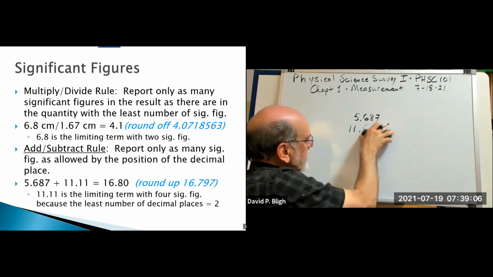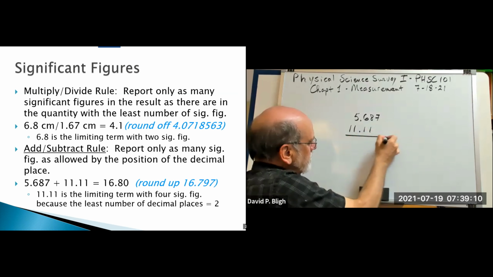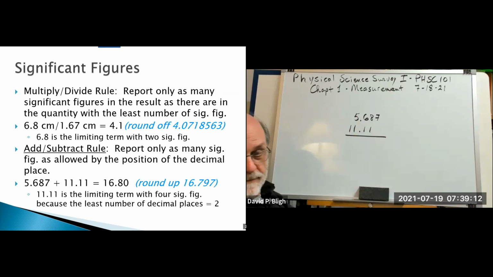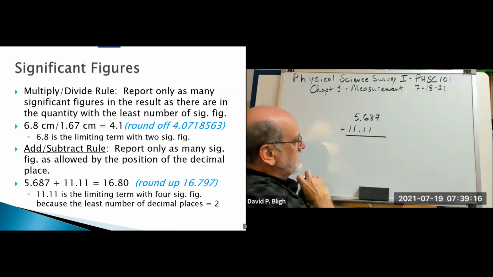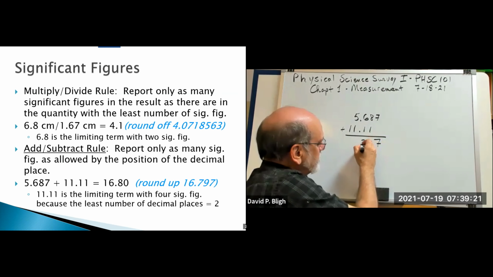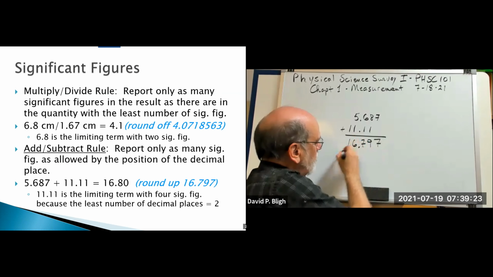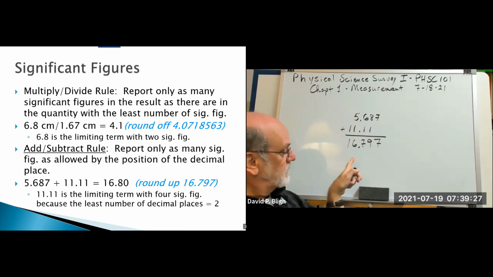Let me do that one again. There we go. Line up the decimal and just add everything together. Okay. 7, 9, 7.61. So that's what you get from this addition.